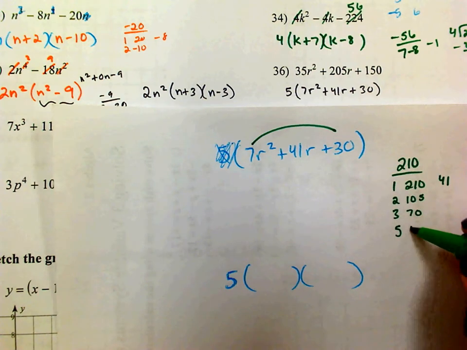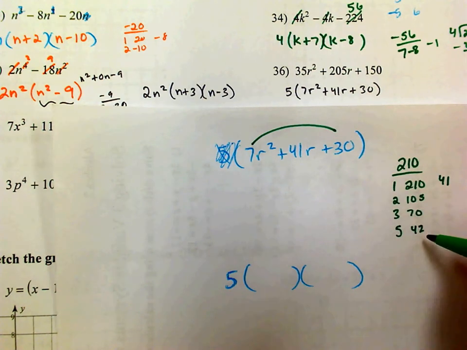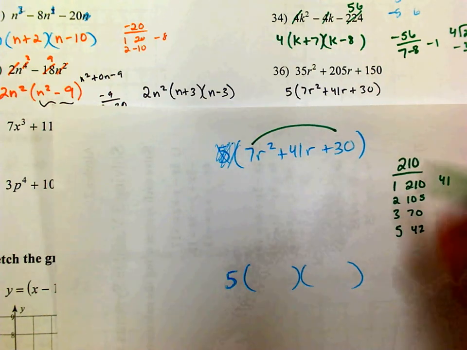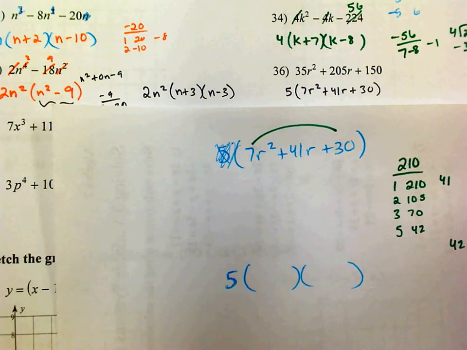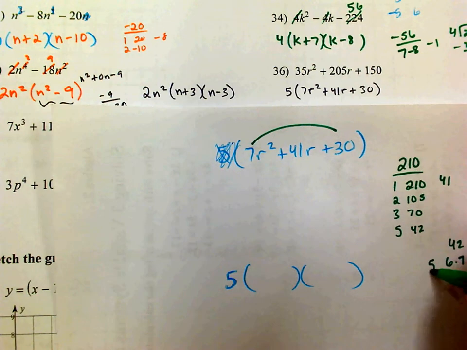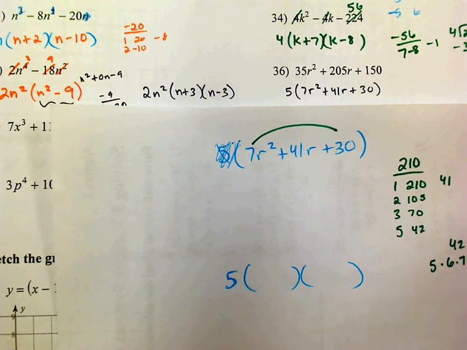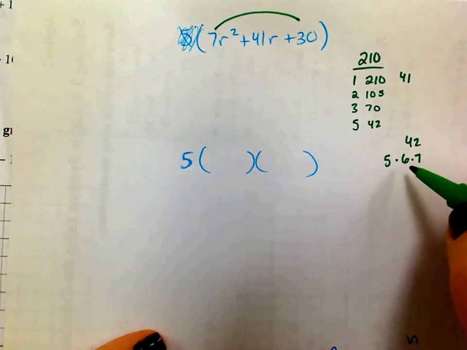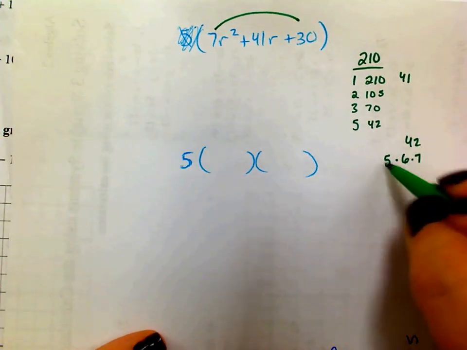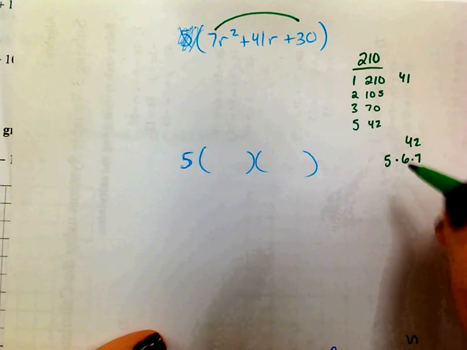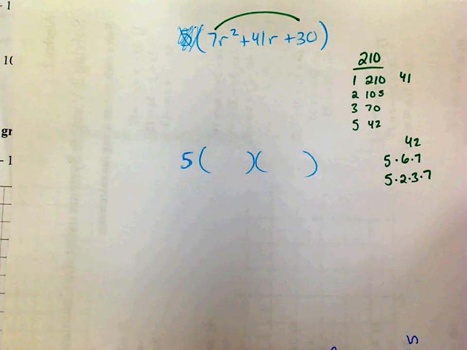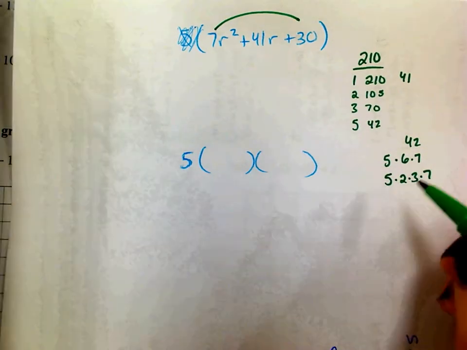What's 42? 42 is 6 times 7, so I've got 5 times 6 times 7. 5 times 2 times 3 times 7 is 10 times 21.